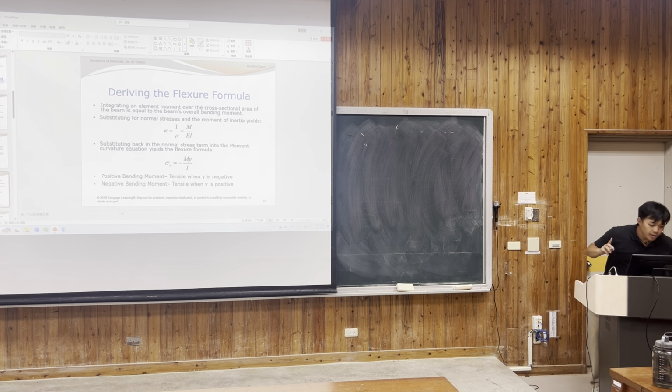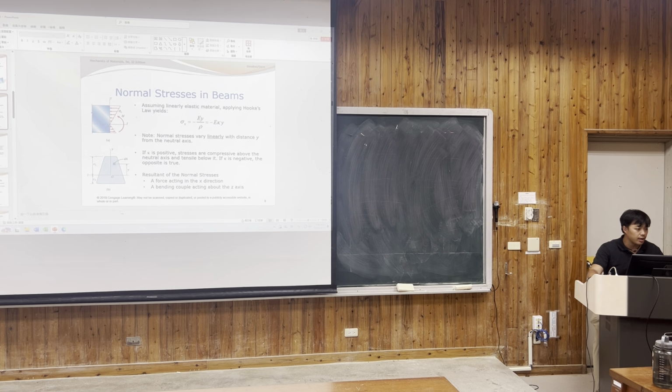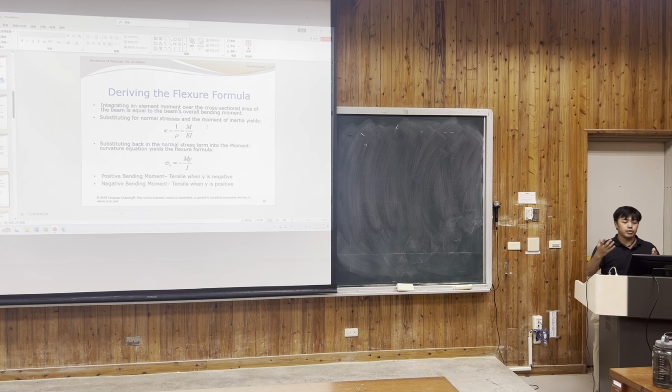So this is based on the previous slides, like sigma equals to, right here, the kappa right here. So substituting the normal stresses and the moment of inertia, you will get this equation right here.